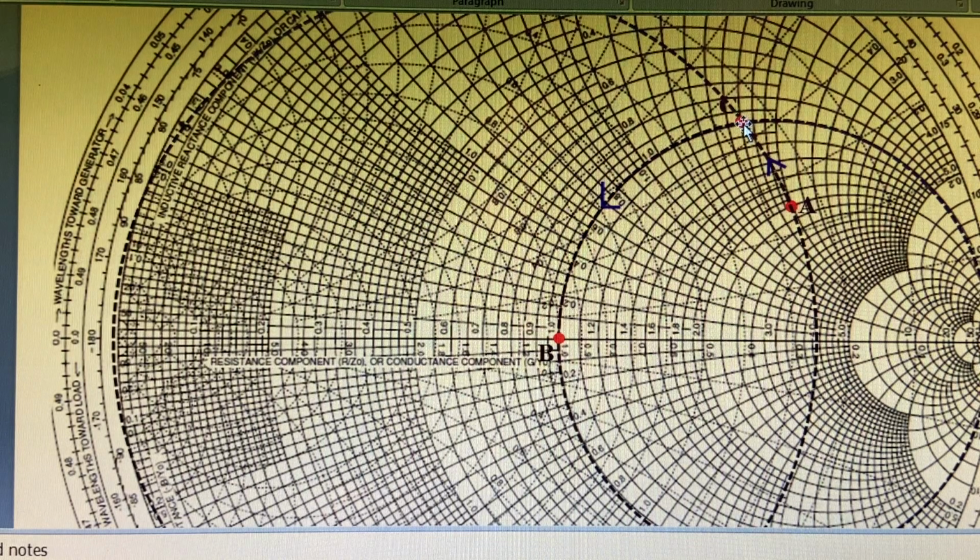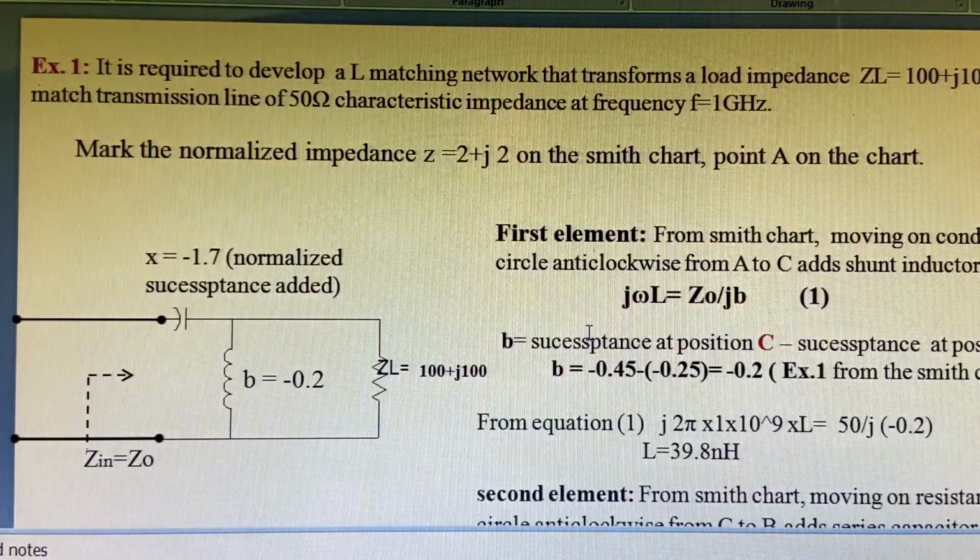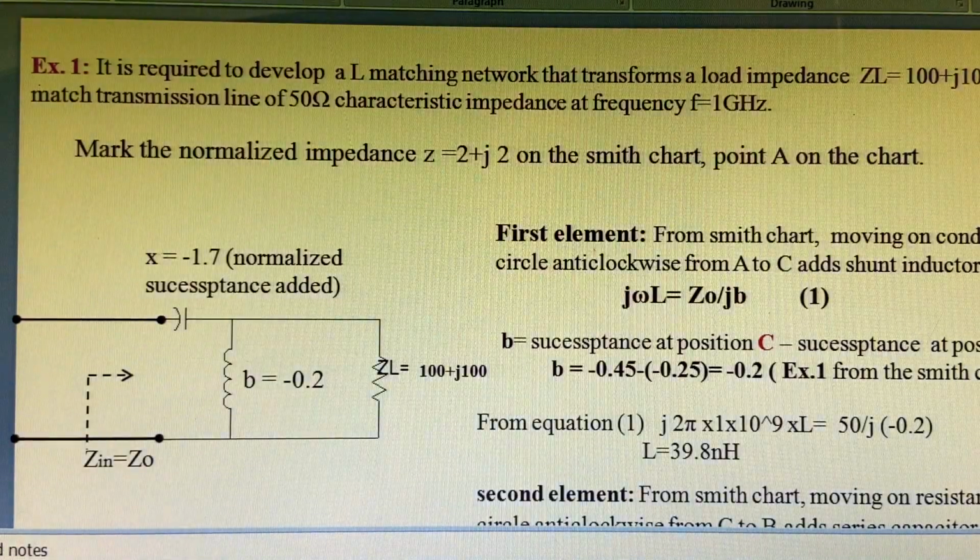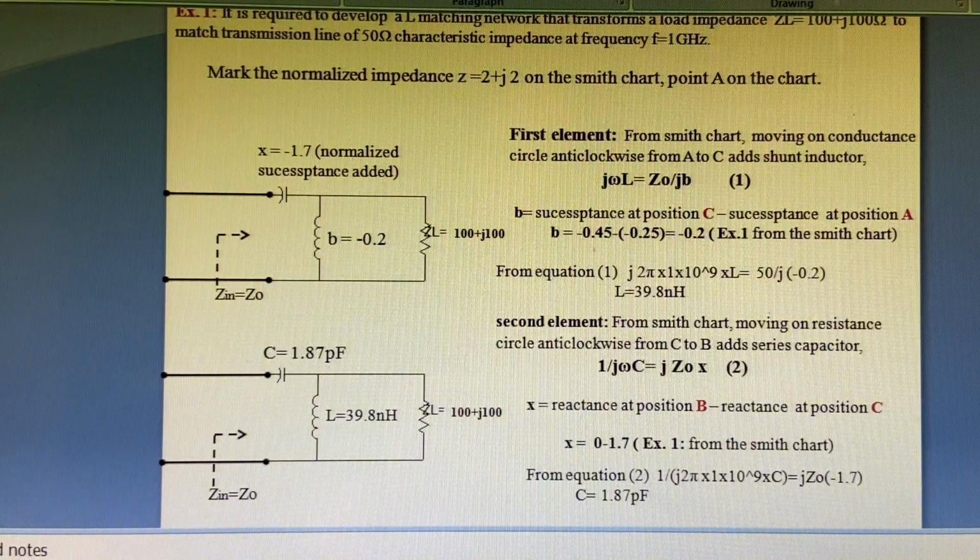Then from C we have to move on the r is equal to 1 circle in the anti-clockwise direction, that adds a capacitor in series. So as shown in this figure, two elements are added, a shunt element inductor and a series element capacitor like this. So we will be getting the matching.